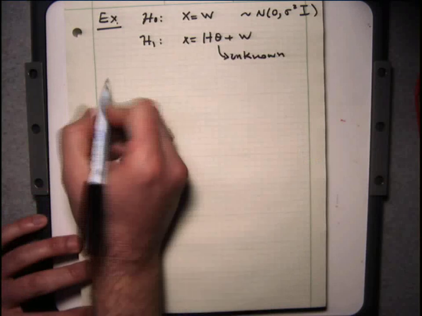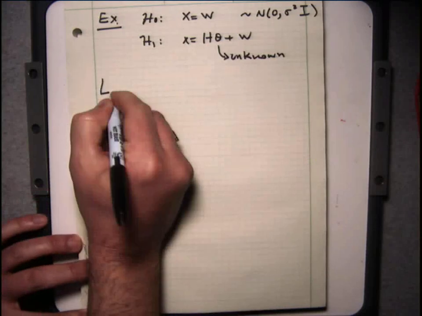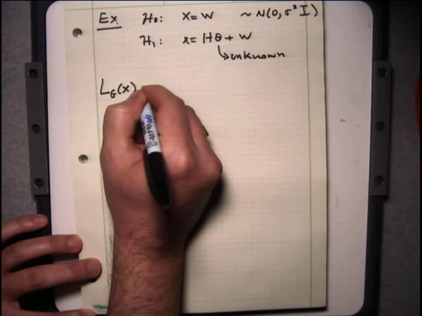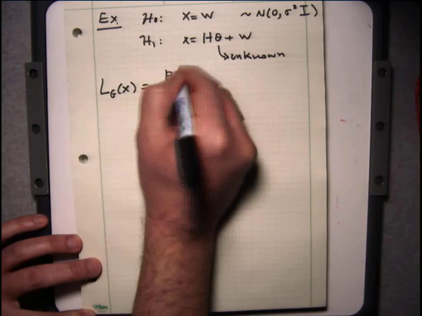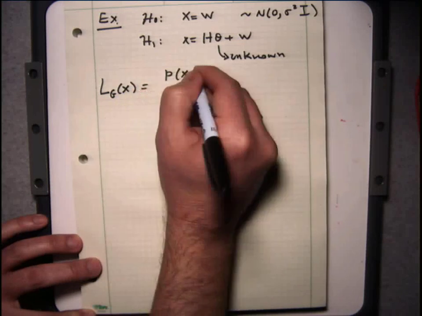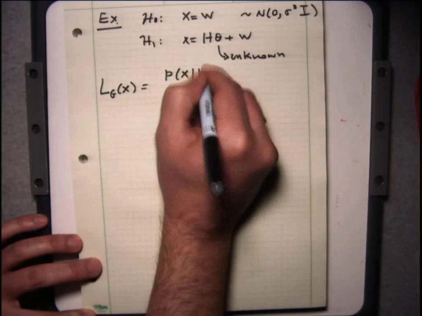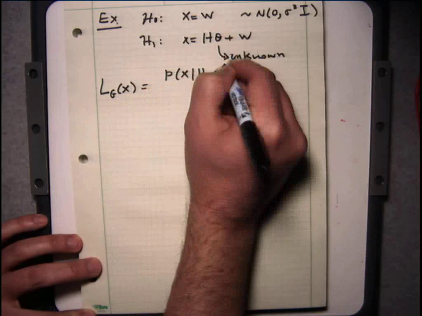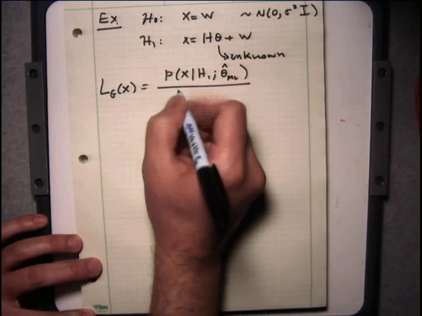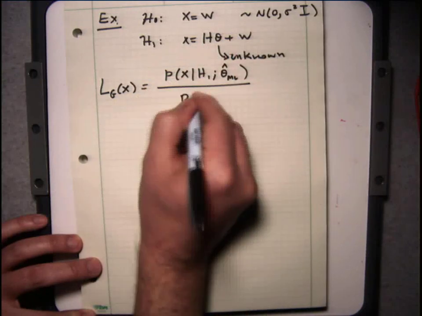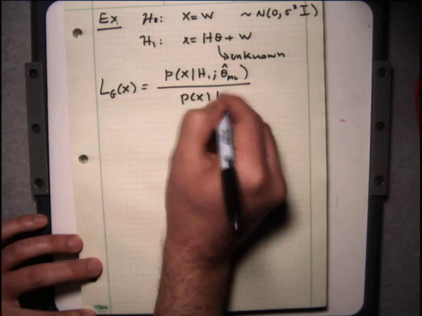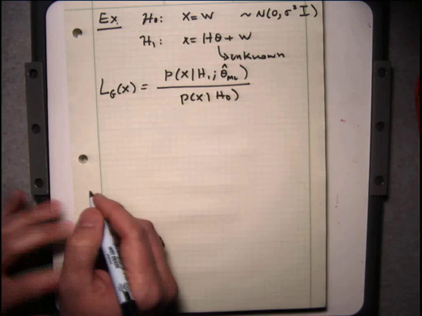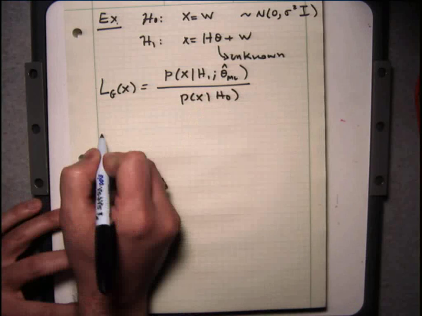So now if we set up the generalized likelihood ratio test, what we have is in the numerator p of x given h1, and now here the theta is not known, so we say theta hat maximum likelihood, divided by p of x given h0. Okay, so let's write this out more explicitly.